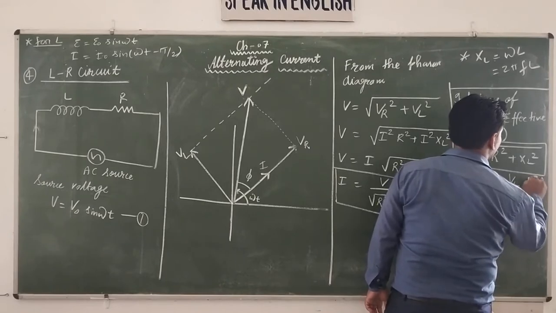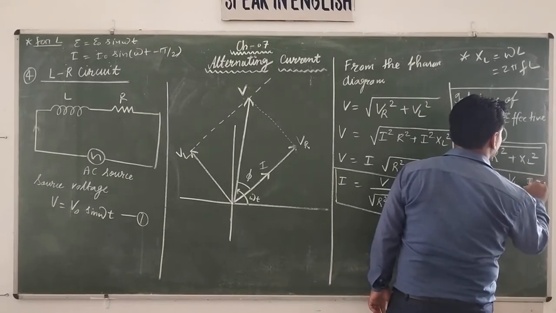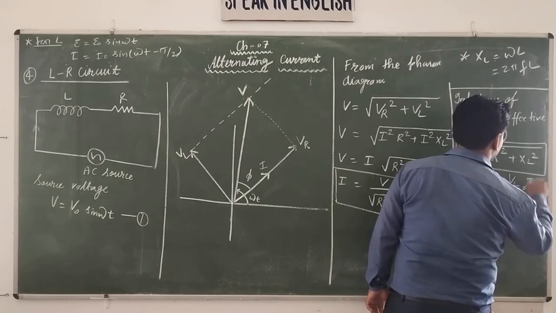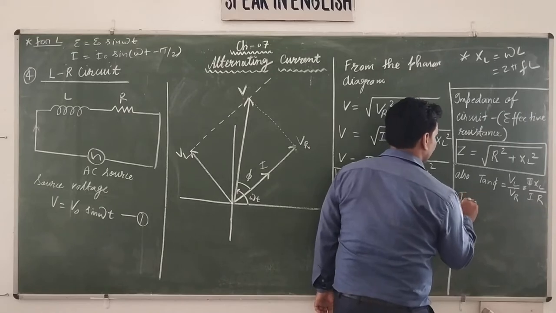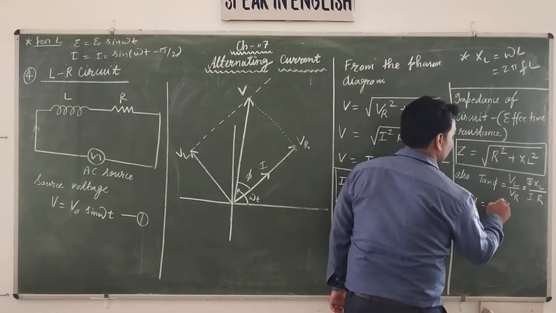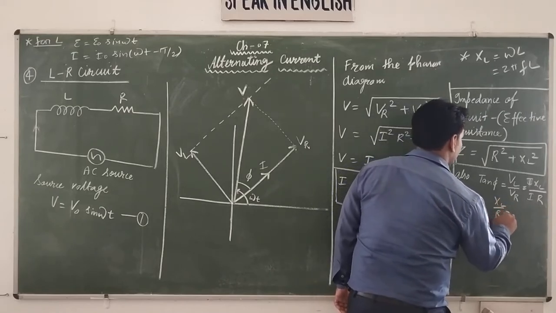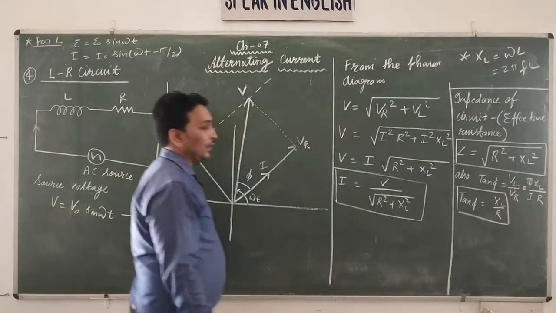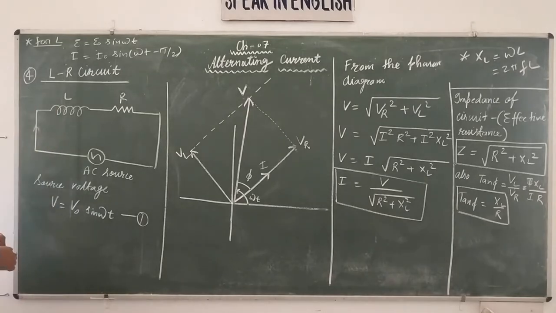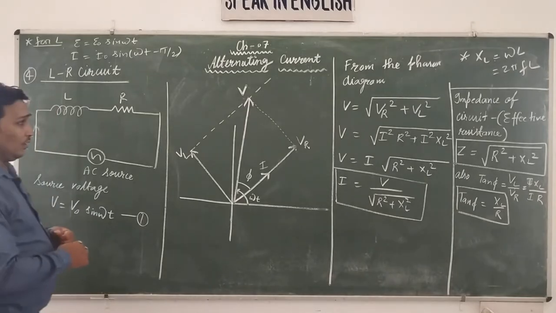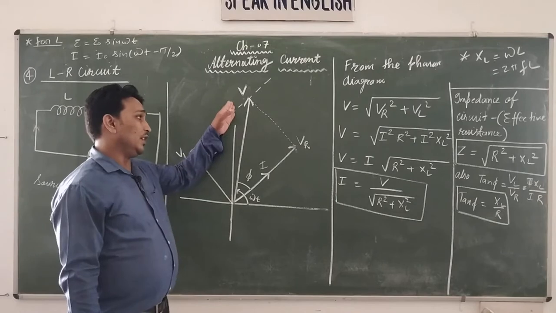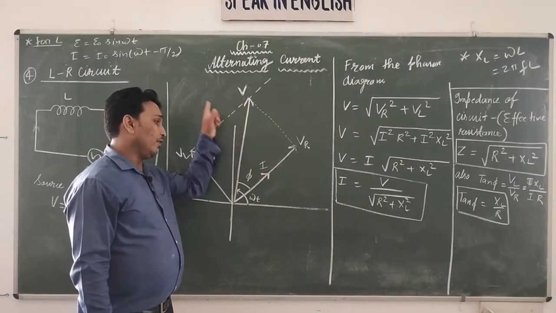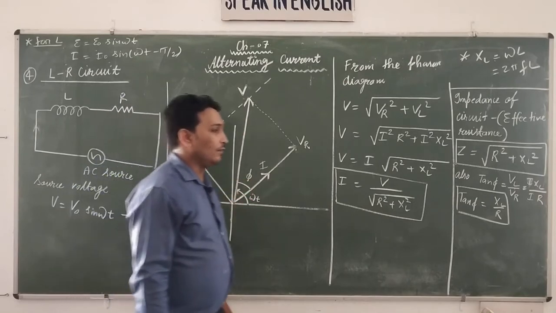Now VL can be written as I into XL, and VR can be written as I into R. I and I will be cancelled. We are going to have tan phi is equal to what? Phi is the phase difference between the voltage and the current. Who leads here? Voltage leads the current, because V is here, I is here, and the difference between their phases is phi.